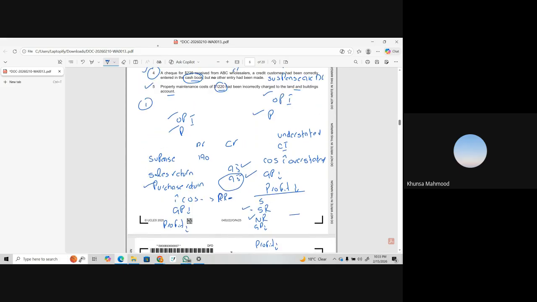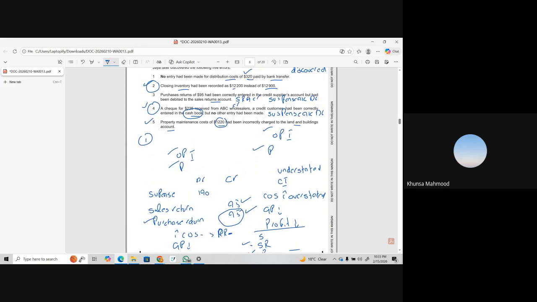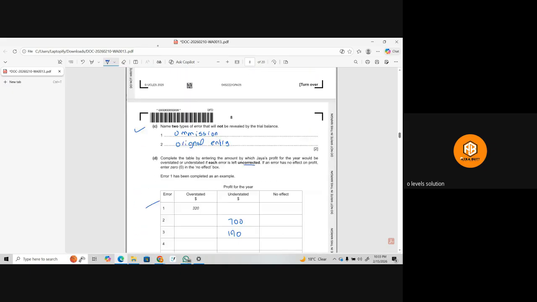Okay. So basically, this will not affect the profit. Why? Because ABC wholesaler is the customer. He is a part of trade receivable, and cash book is a part of current assets as bank balance or cash. So that's why there is no effect.